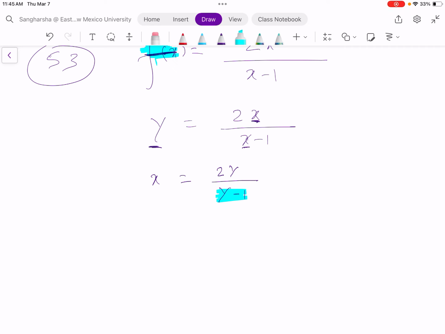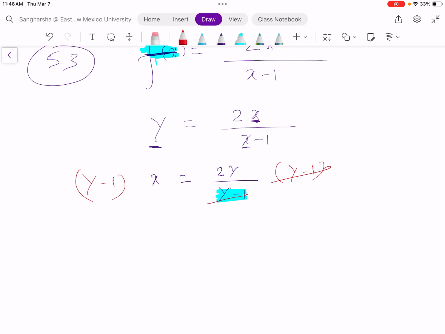How do we get rid of this y minus 1 from the denominator? Multiply by what? By the same denominator. So we multiply both sides by y minus 1. So this cancels and there is no more denominator.